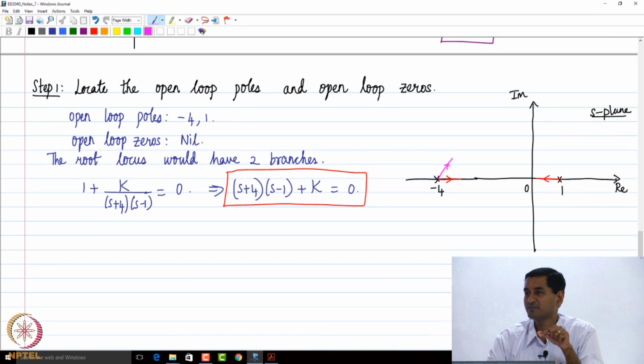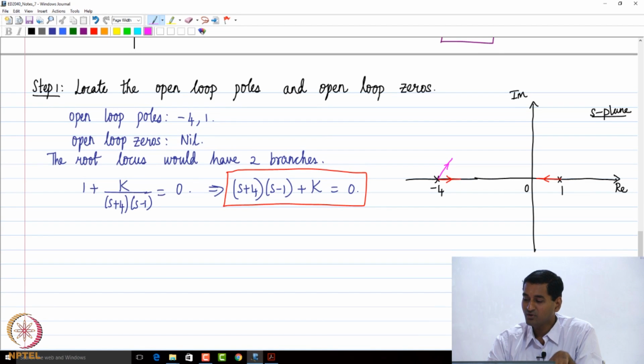I cannot in this current scenario. Why not? Because I am going from the real axis to a value which is going to be a complex number. And since we are dealing with real polynomials, that is polynomials with real coefficients, if I have a complex root, the conjugate also must be a root.